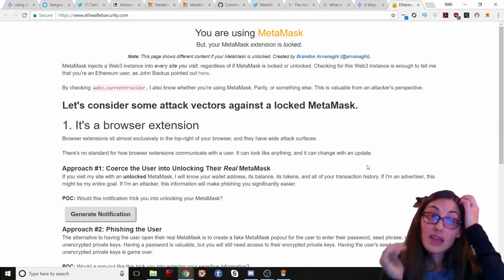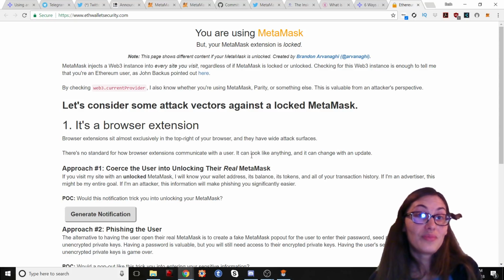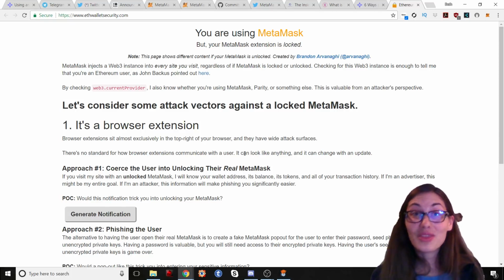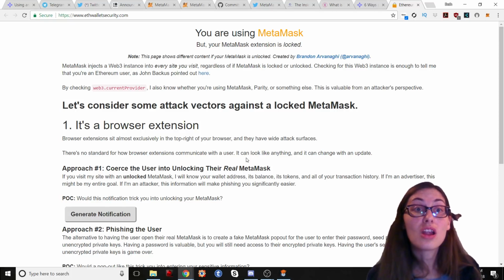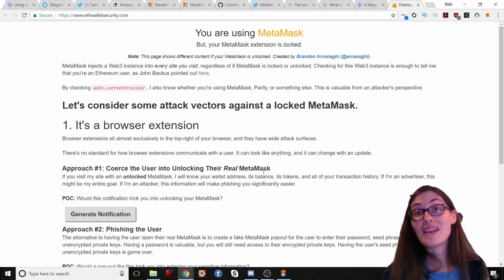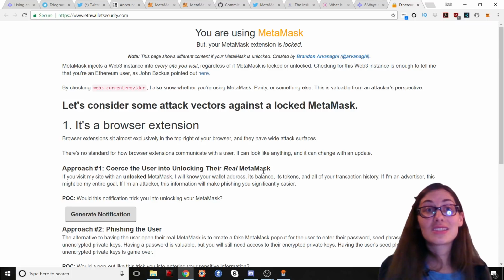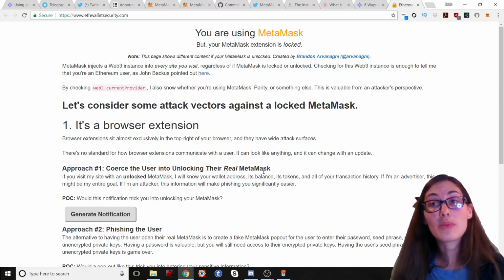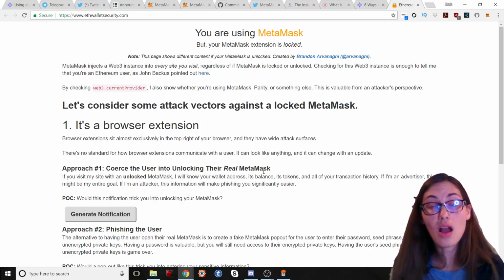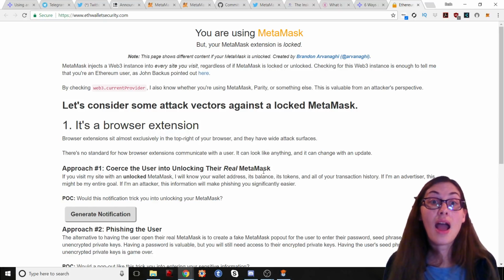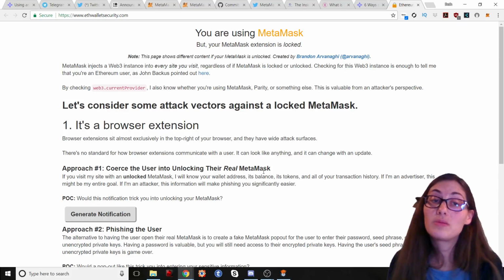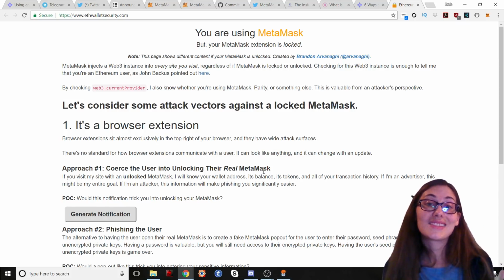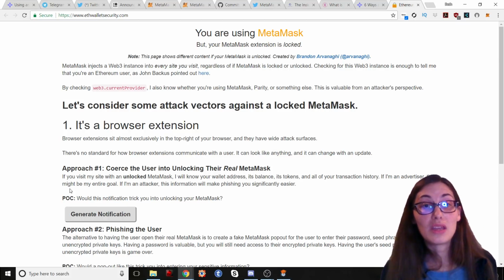So you can see that while they can't see what the balance is or what my transactions are, or even what my address is, they do see that I have, this is just a tab, and they can see just by my having MetaMask enabled on my browser that I am an ETH user. I'm a crypto holder. So, that is definitely something to be aware of.